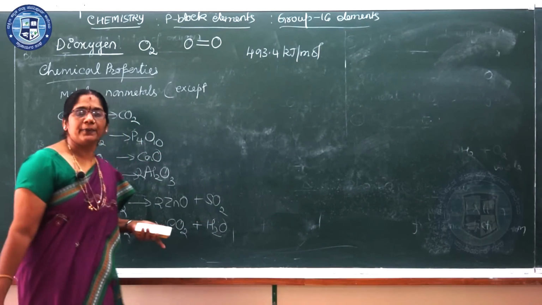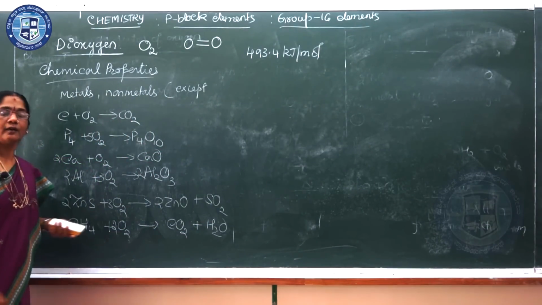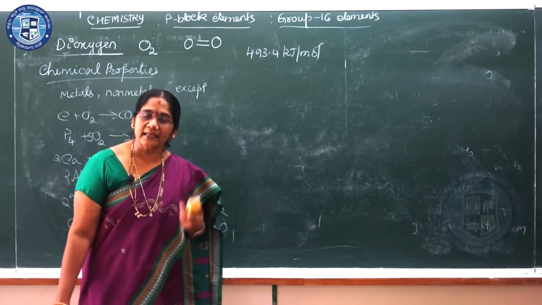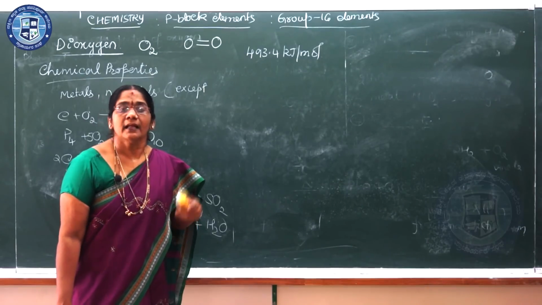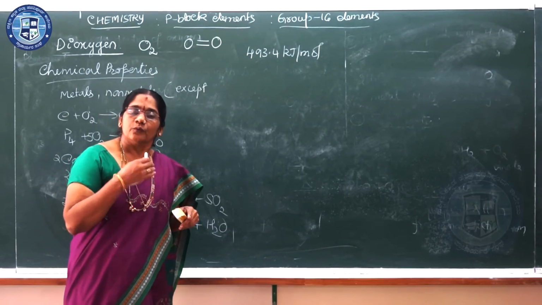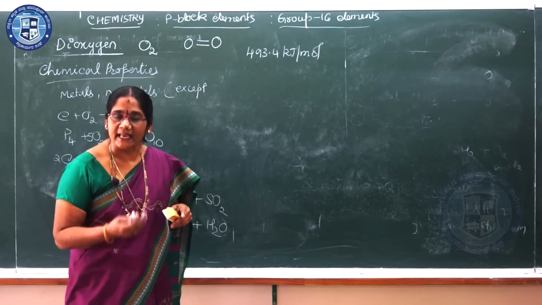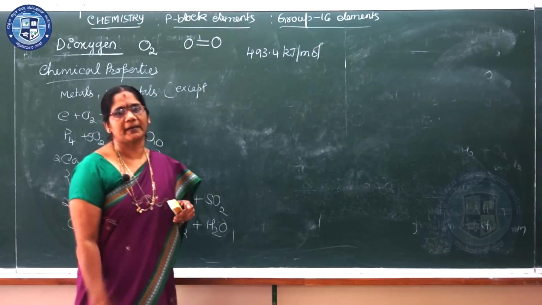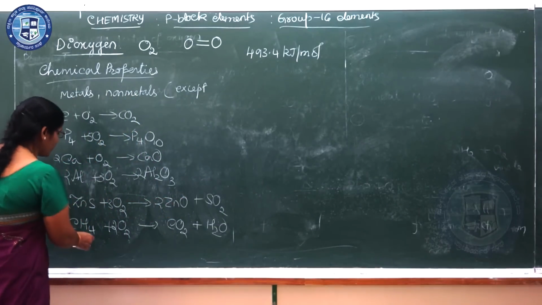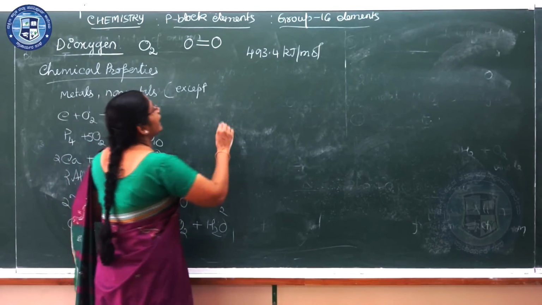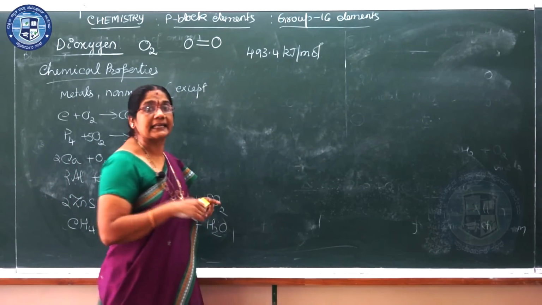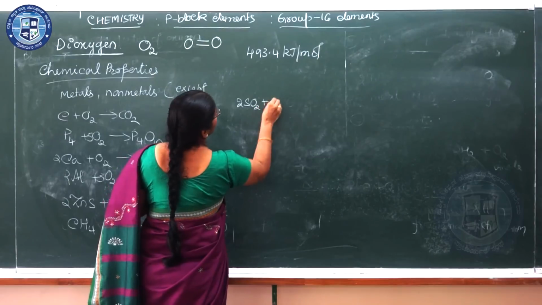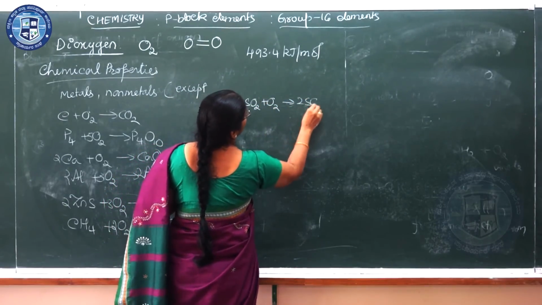So in thermochemistry you have come across all such equations where we have written high values of enthalpy of combustion for the burning of hydrocarbons, and the burning of the sugars and the food materials we have taken in our diet with the oxygen inhaled gives energy, because of which our body temperature is maintained and all the metabolic activities are done. So methane plus oxygen gives carbon dioxide. And some of the compounds are catalytically oxidized. For example, 2SO2 plus O2 gives 2SO3.